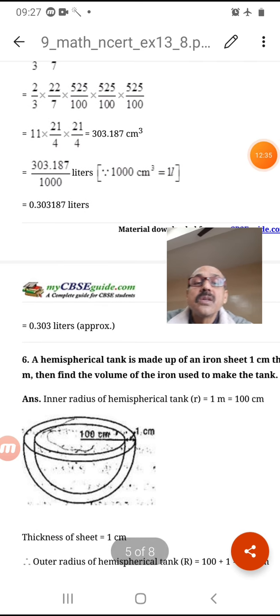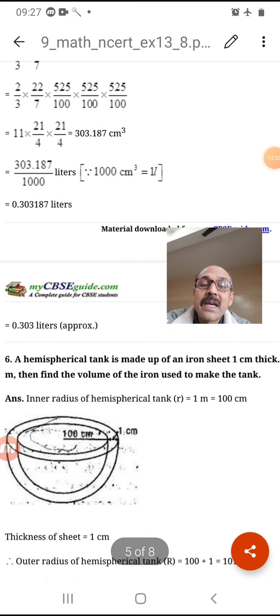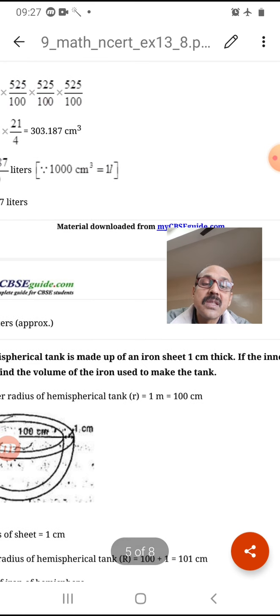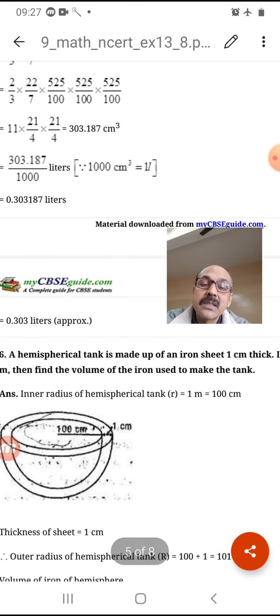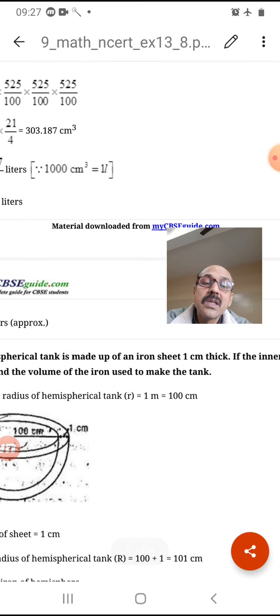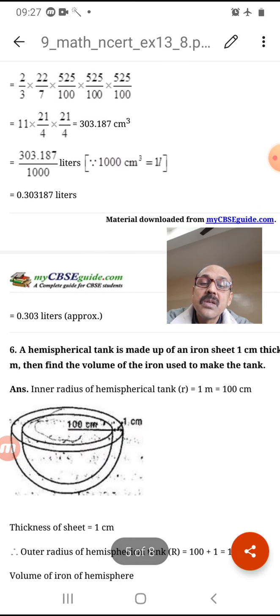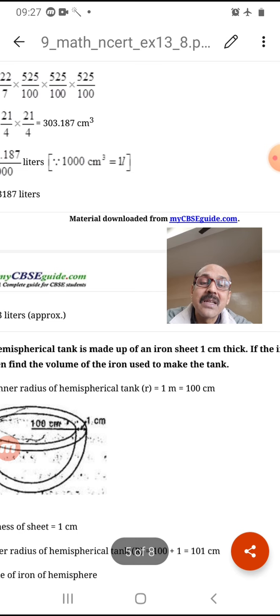Next, question number 6: a hemispherical tank is made of an iron sheet 1 centimeter thick. Hemisphere shape, made of iron sheet of 1 centimeter thickness. If the inner radius is 1 meter, then find the volume of the iron used to make the tank.